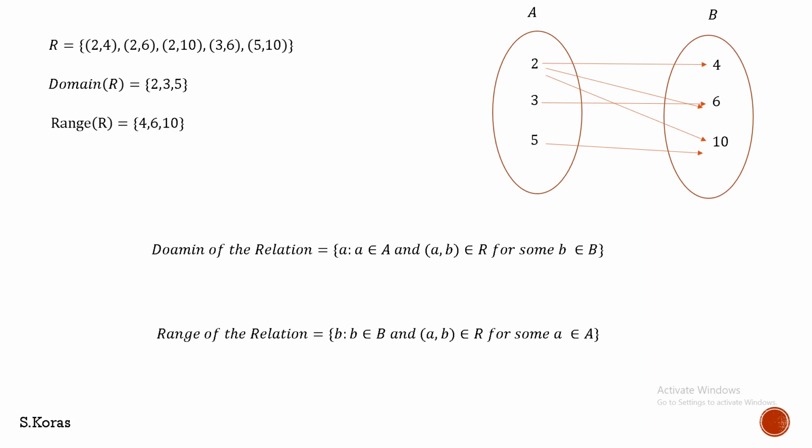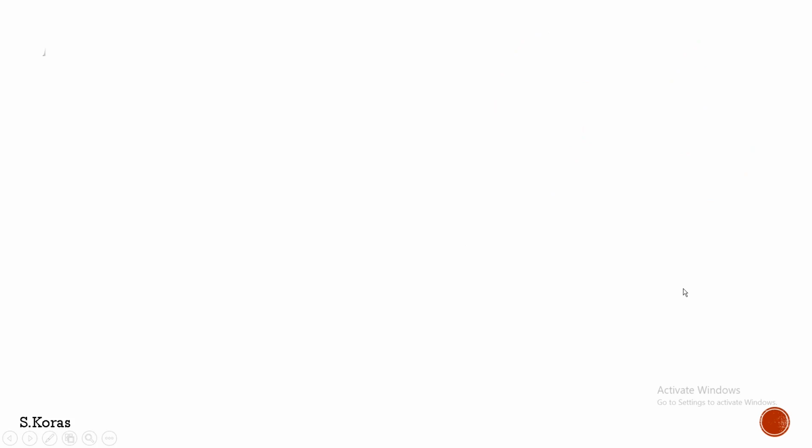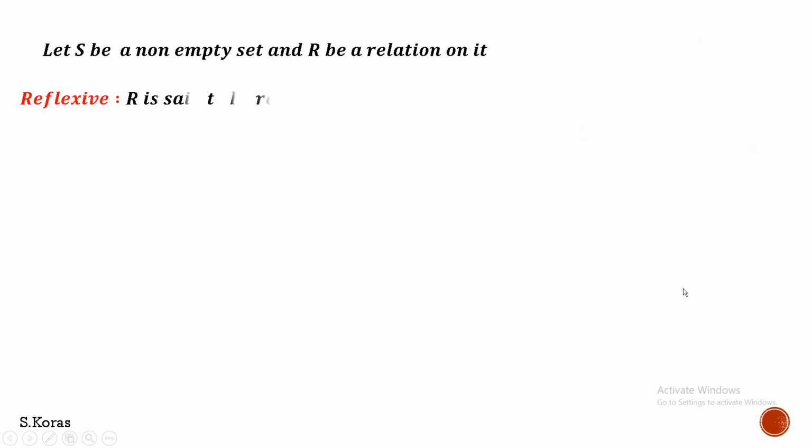Now we are going to see three basic relations which are defined on a set. The first relation is called reflexive. What do you mean by reflexive? Yes, R is said to be reflexive if a is related to a.